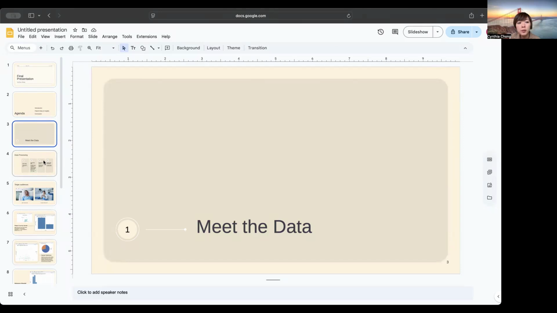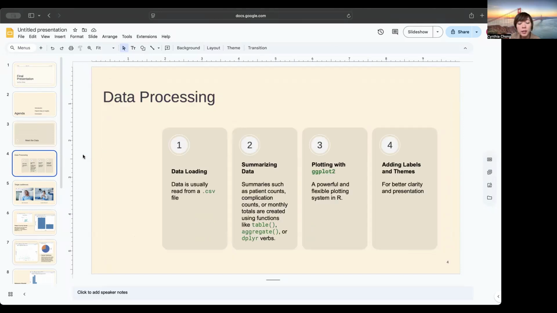The data we got was patient data that the professor uploaded for us to download. For data processing, we usually read the data into a program called R. Then we summarize it, such as patient counts, complications, or monthly totals, created using functions like table or aggregate or other code terms.